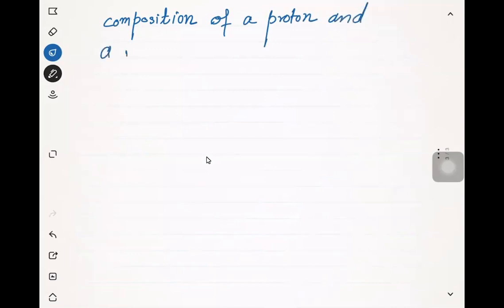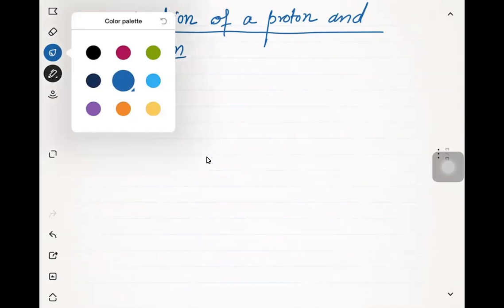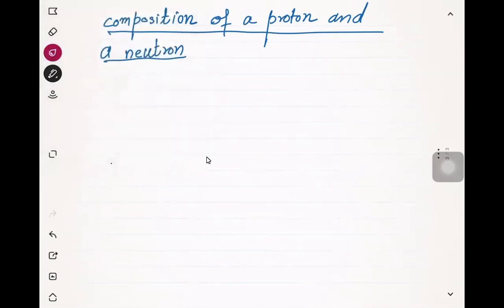Now, composition of a proton and a neutron. A proton and a neutron both are baryons, and they are types of hadrons. Now, their composition.